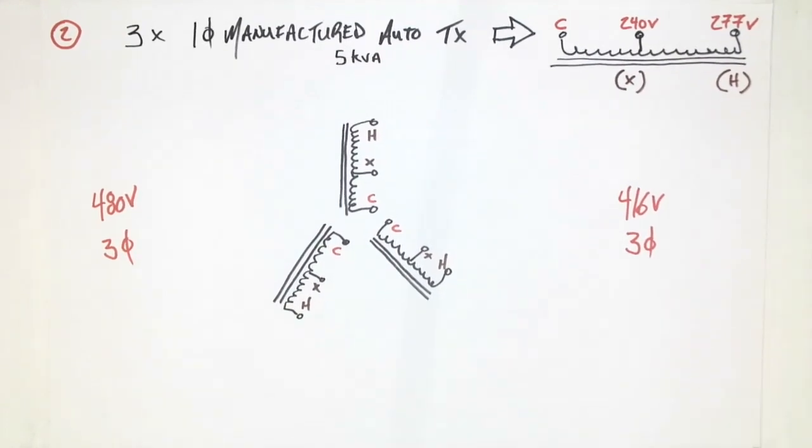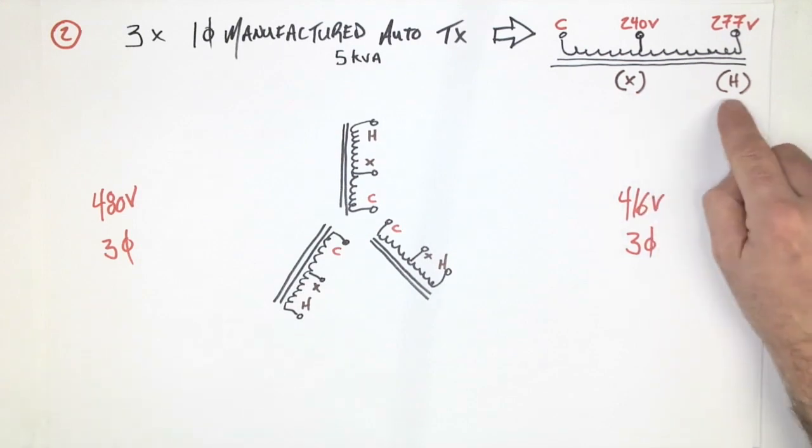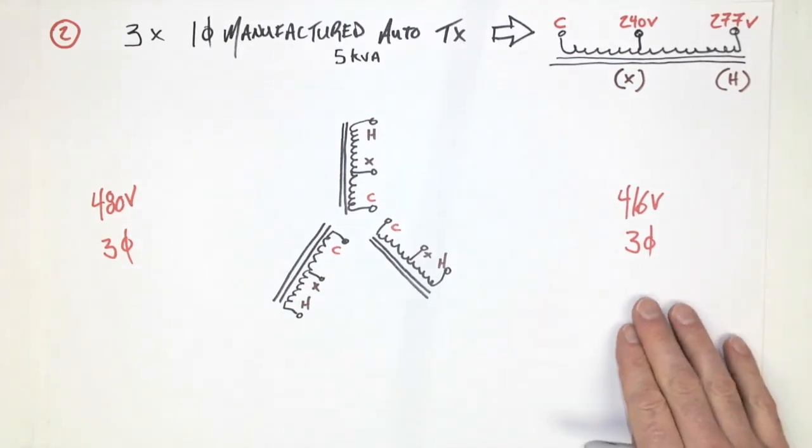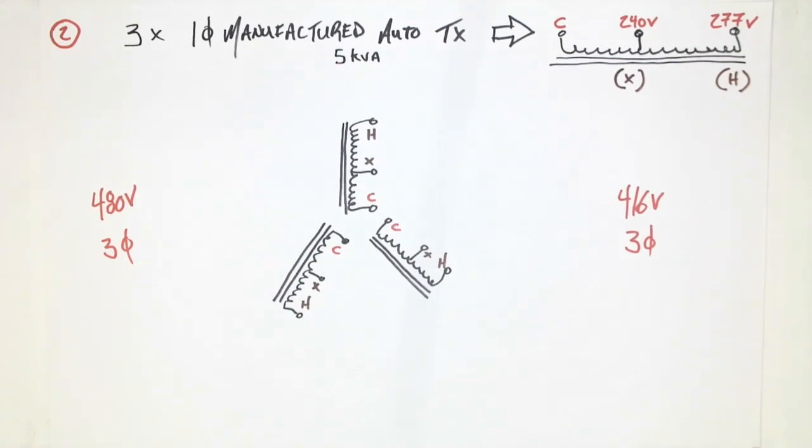This time we've got three 5 kVA auto transformers and they're rated 240, 277. And we've got a 416 and a 480 volt voltage here. The 416 is something you'd more see for European spec equipment that comes from overseas. And so we need to adjust the voltage for that.